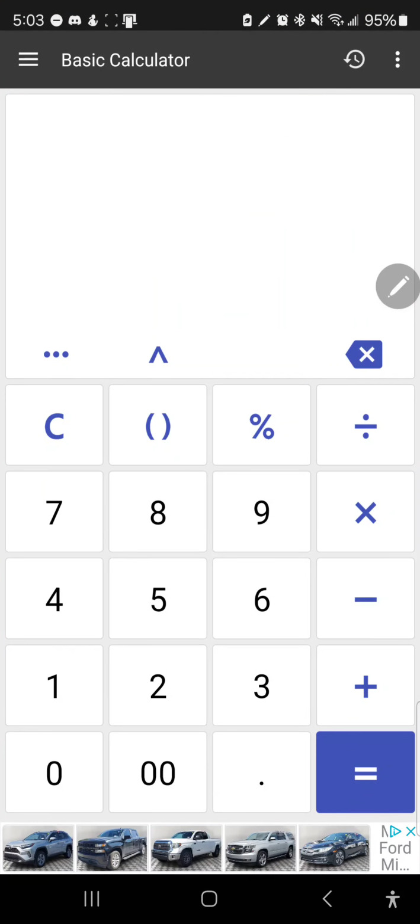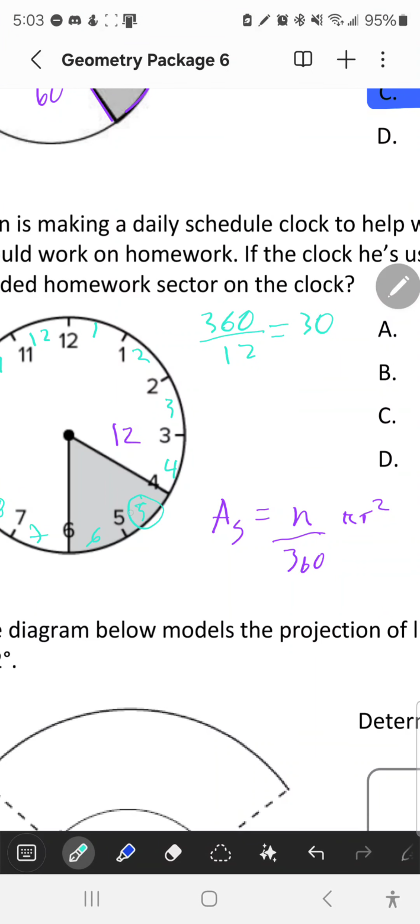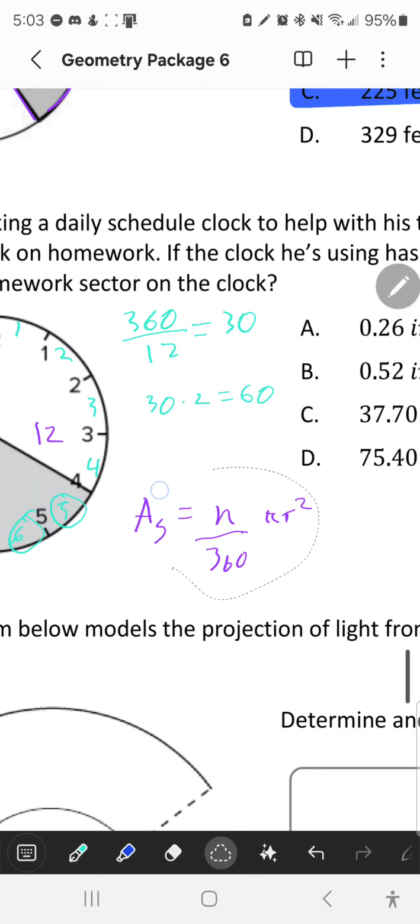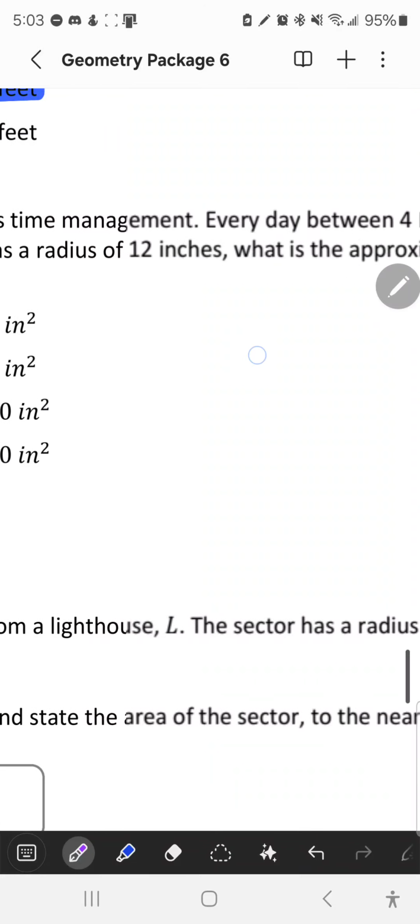Now we have two spaces, one here, one here. So the angle will be 30 times 2, that is going to be 60.